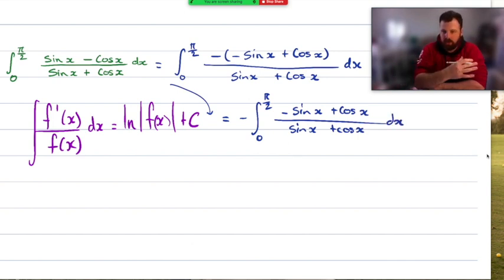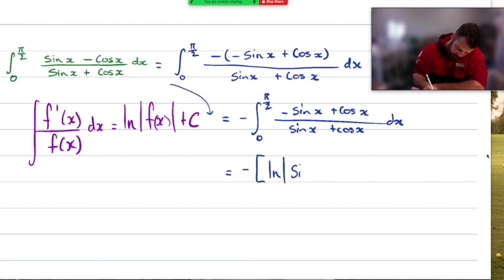And because that's in that form there on the left, we can say it is negative ln, the absolute value of sine of x plus cos of x, evaluated between pi over 2 and 0.